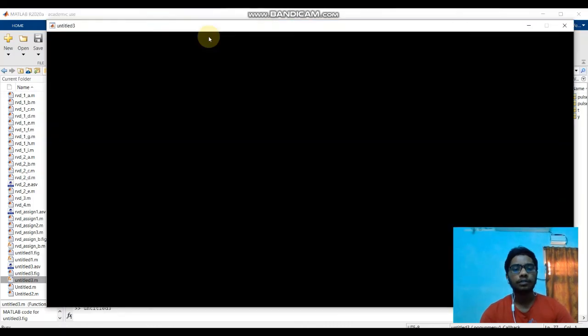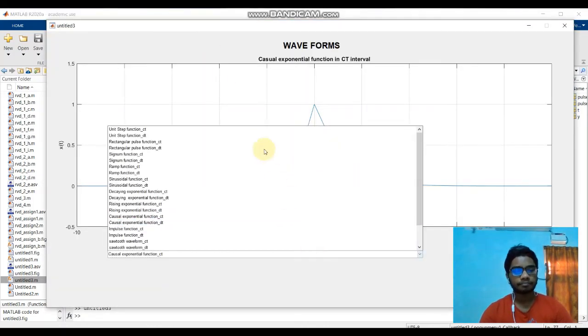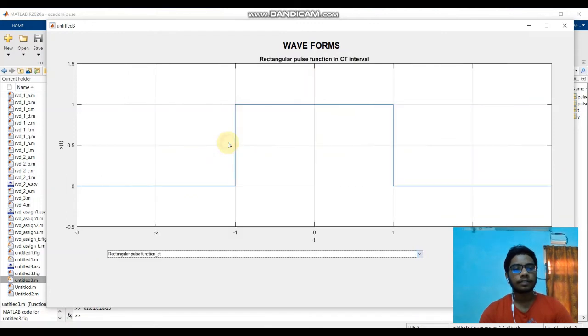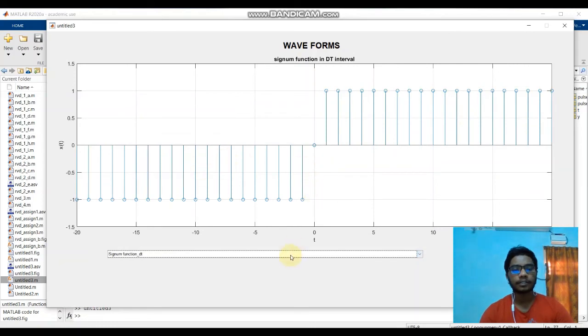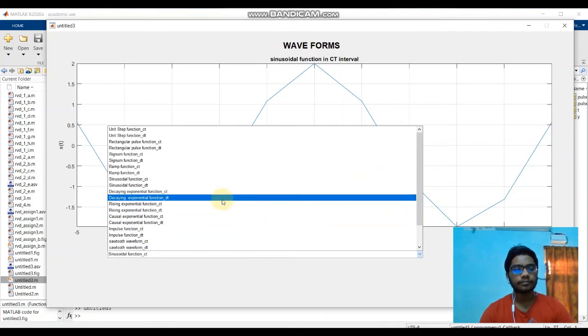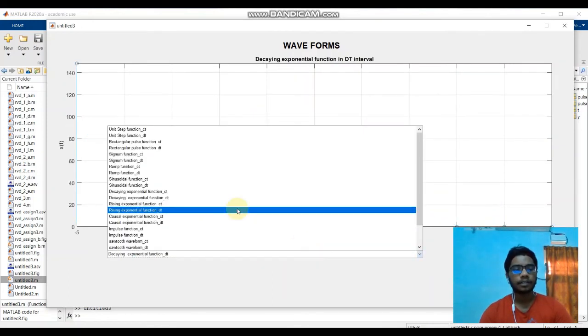Now when we run the code, the GUI displays. As you can see, the first one is the unit step function and rectangular pulse function, and then the signum function in discrete time interval, also the sinusoidal function in continuous time interval, decaying exponential function in discrete time interval.